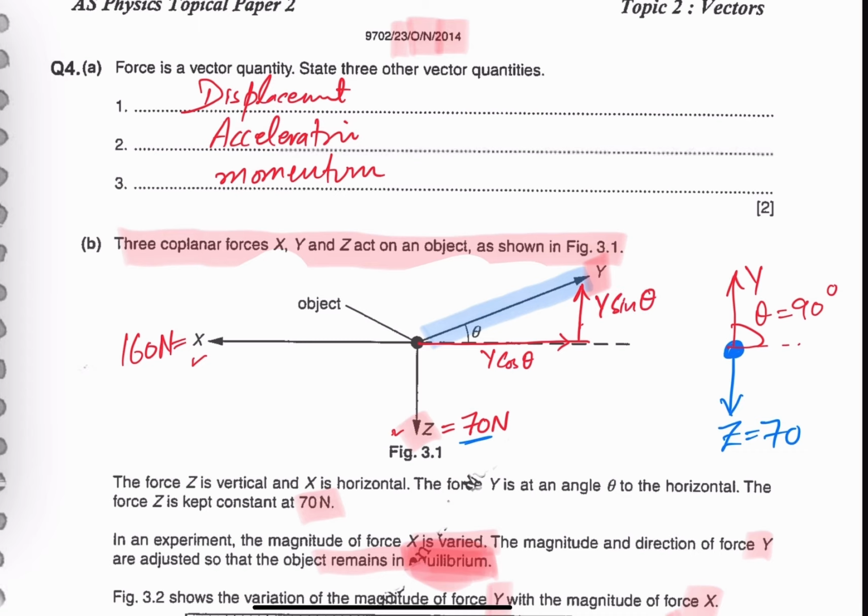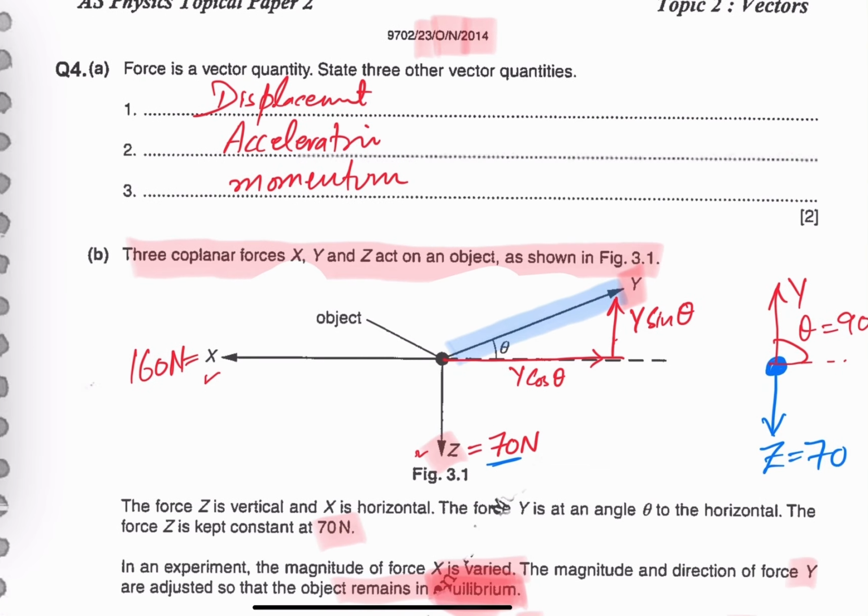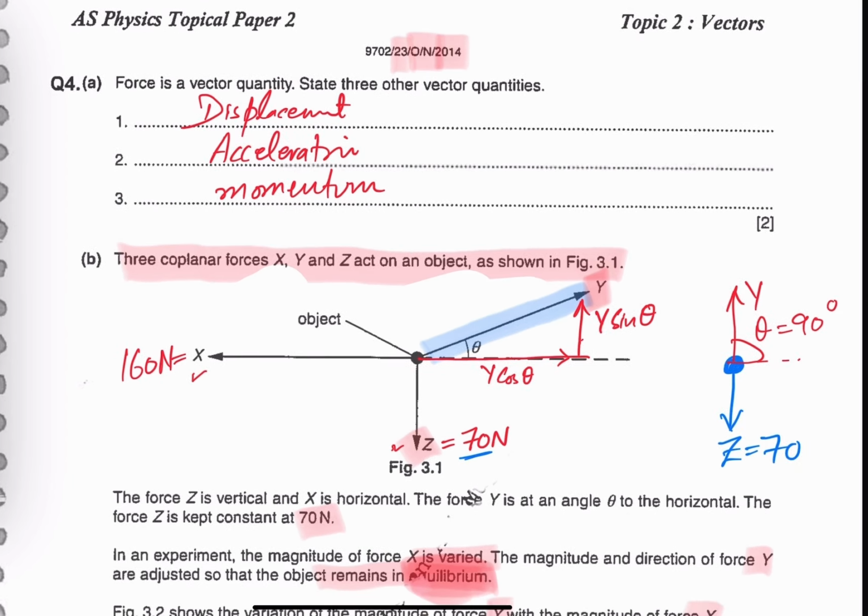For the equilibrium, the x components should balance each other and the y components should balance each other. So y cos theta is equal to 160 newtons.